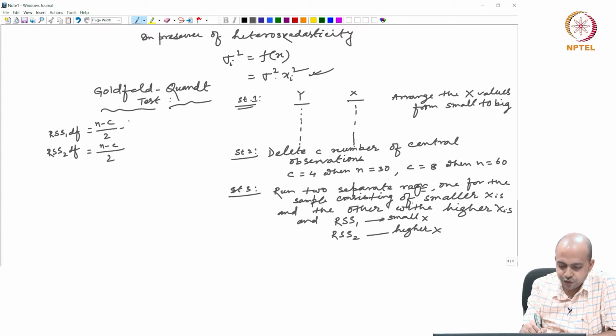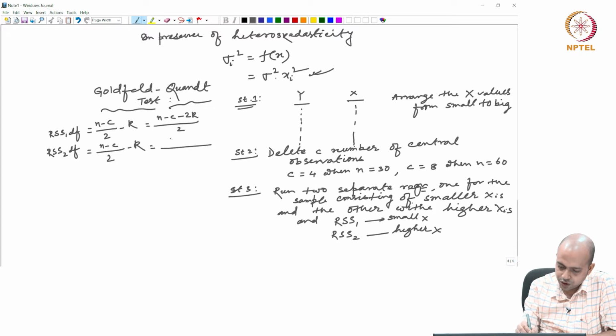Then degrees of freedom would be (n minus C) by 2 minus k, which becomes (n minus C minus 2k) divided by 2.